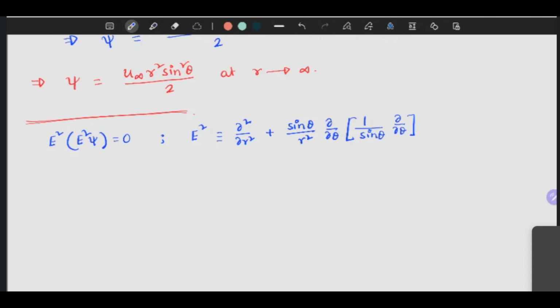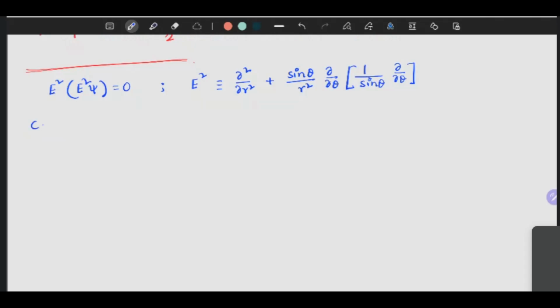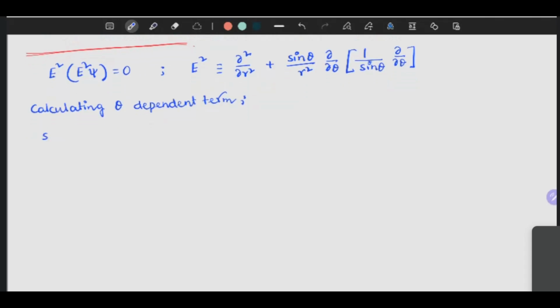So if you do this, calculating the theta dependent term will be sine theta by r square del theta into 1 by sine theta del theta of sine square theta.